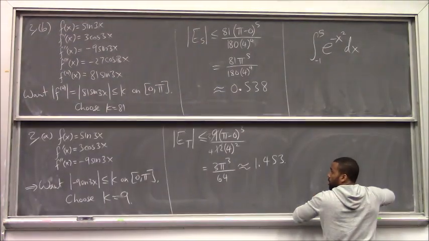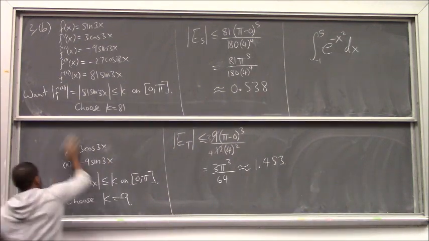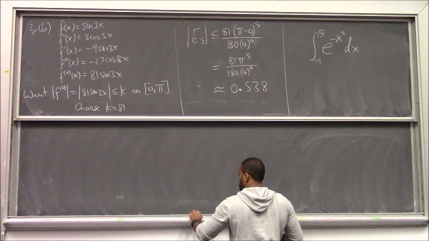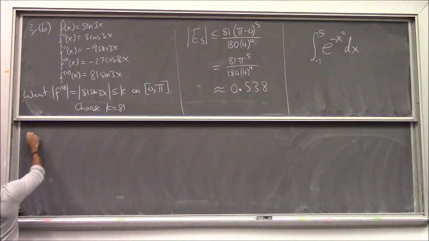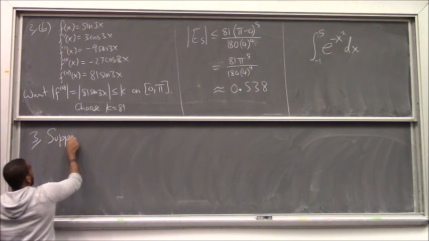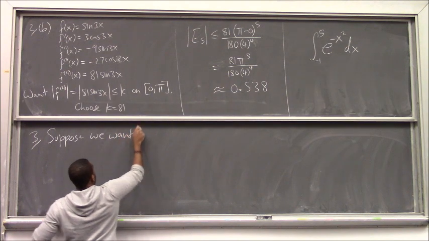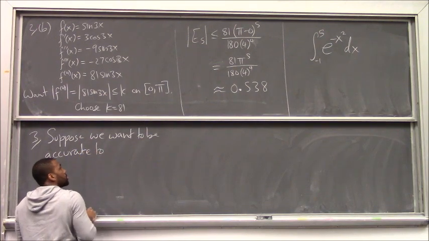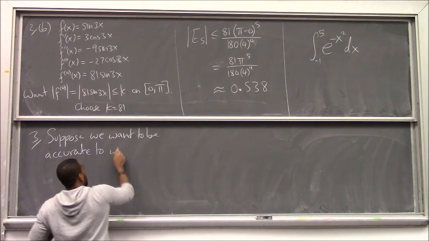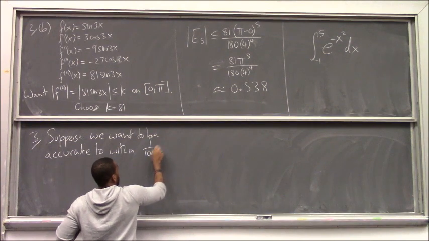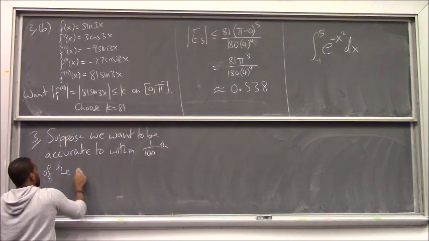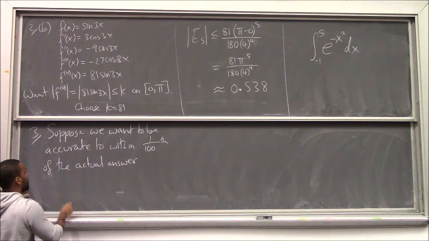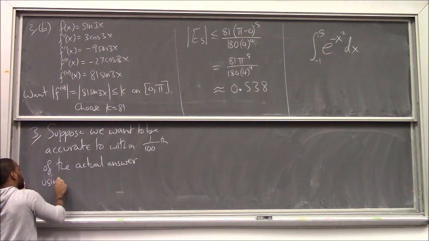Let's follow up. So for this same function, suppose I wanted, let's say to 2 decimal places, just for fun, to within 1/100th of the actual answer, using Simpson's.